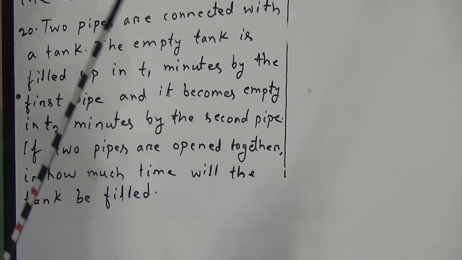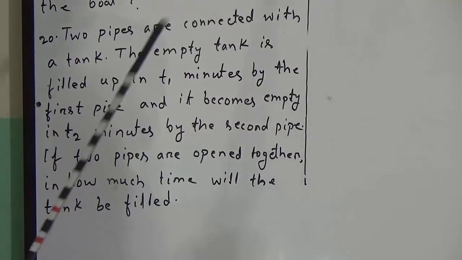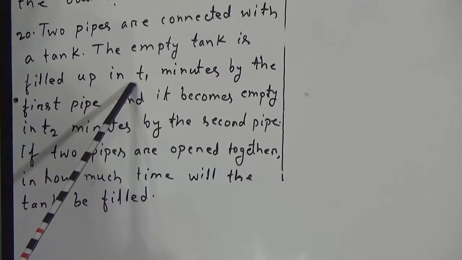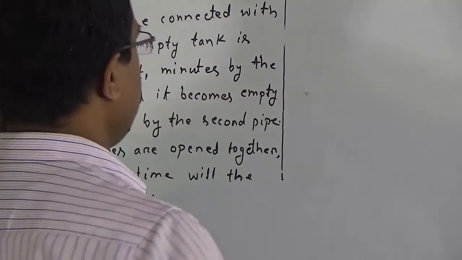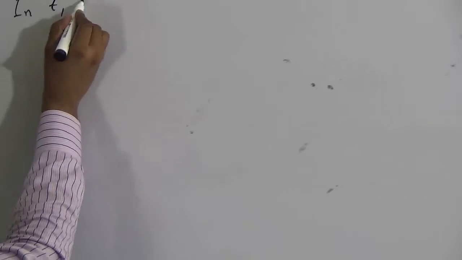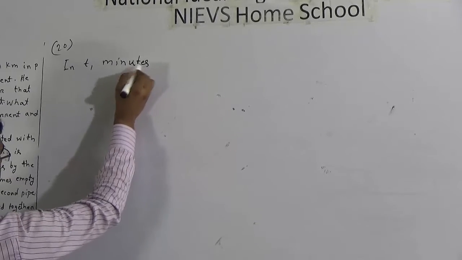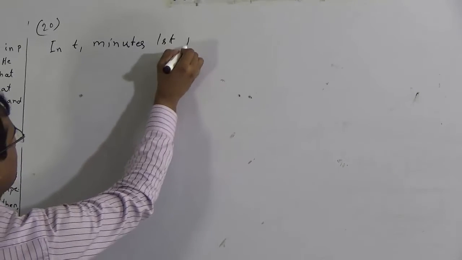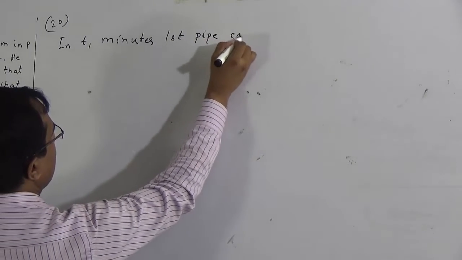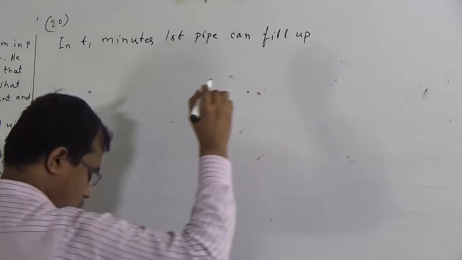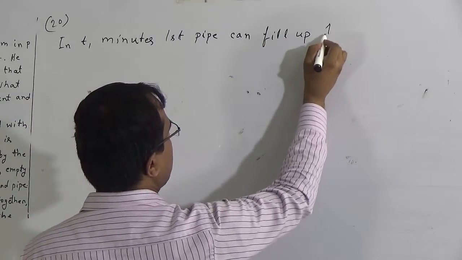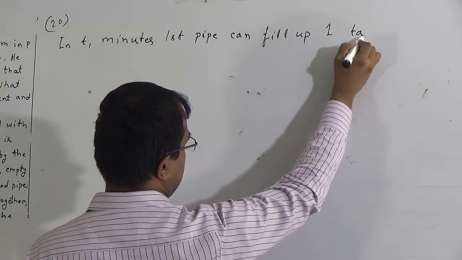Here, first pipe in T1 minutes. In T1 minutes, the first pipe can fill up one tank, we can write it. In T1 minutes, first pipe can fill up one tank, that means whole tank.